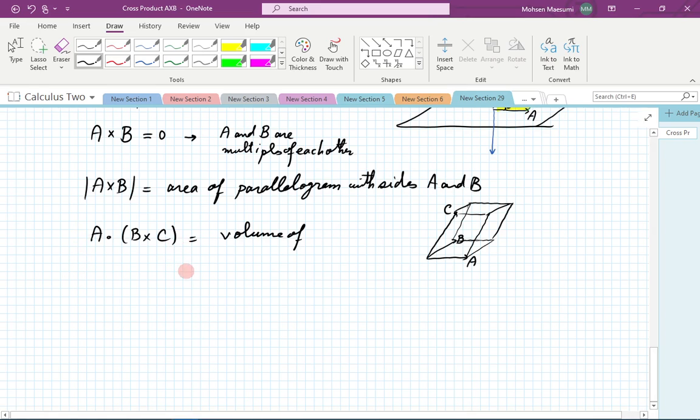This thing is a number, so it can be positive or negative, but the absolute value of it is equal to the volume of that prism that you see over there. So that's another property of these things that comes in handy.